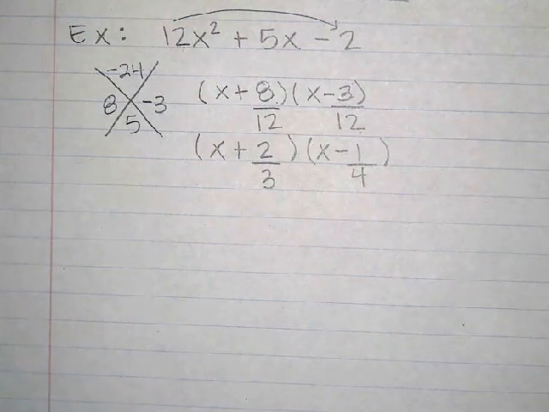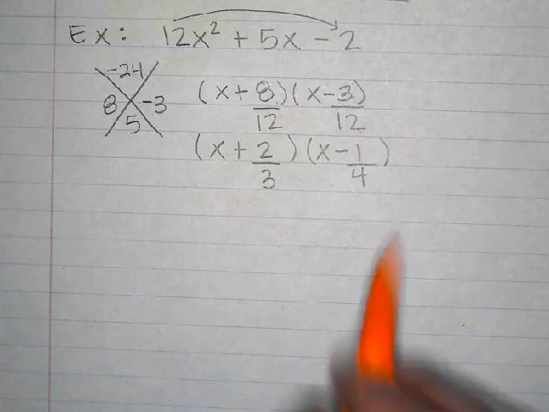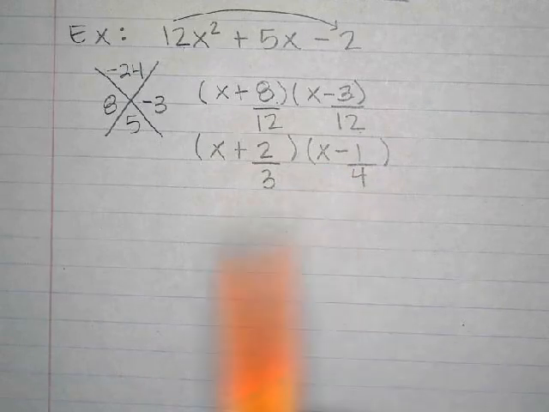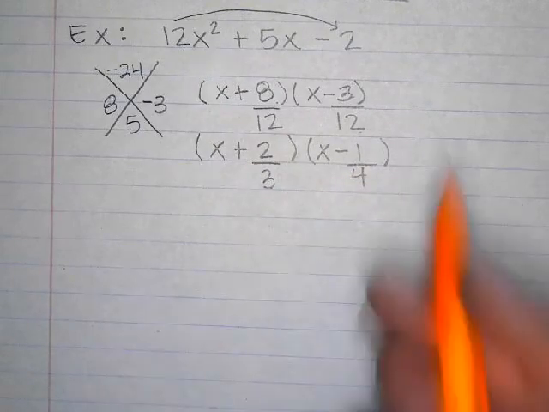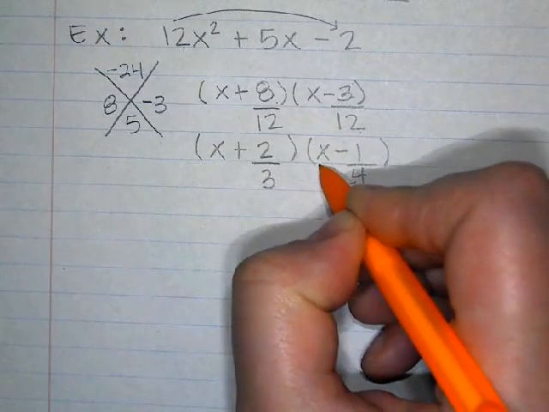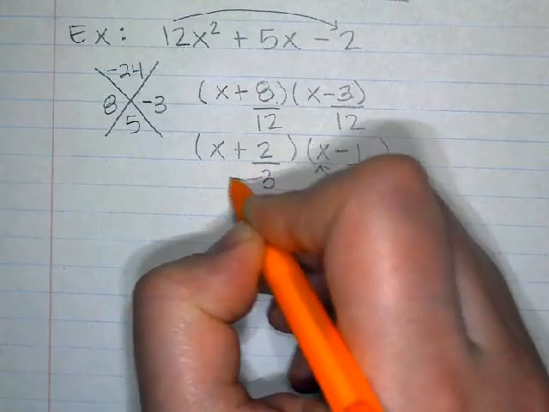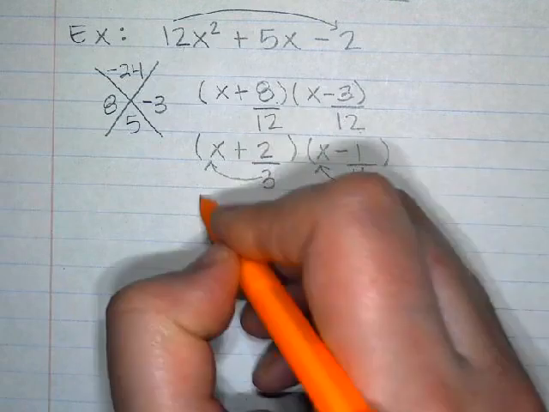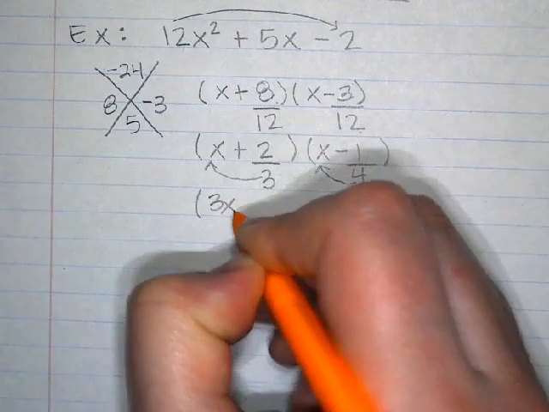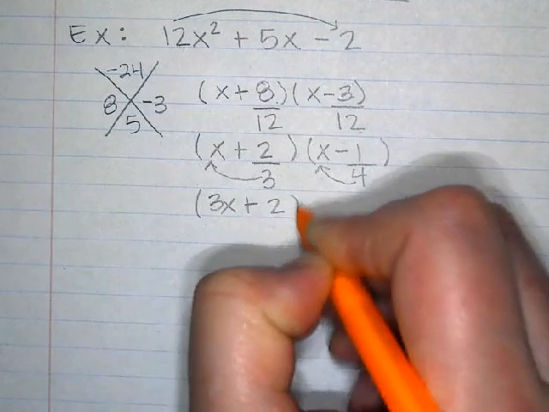They are still fractions. So now that we have two fractions that are still fractions, now we can bottoms up. So I'm going to take both of the bottoms and move them up in front of the x's. So I'm going to have 3x plus 2, 4x minus 1.